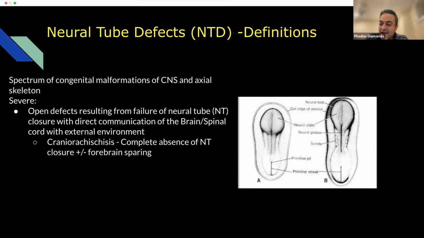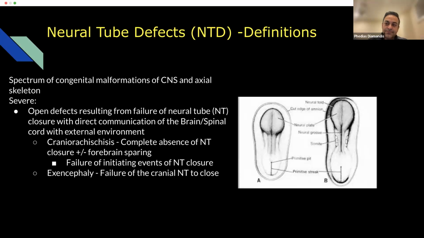Now, if these neural folds, the edges of the neural plate that are supposed to be folding and fusing with each other, don't fuse, then you have no neural tube, and the brain can't form properly, and you have craniorachisis. There is some forebrain sparing, as we'll see why in later slides, but this is really a failure of the initiating events of neural tube closure.